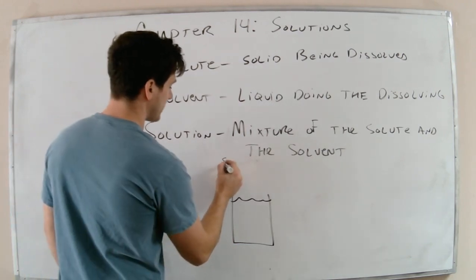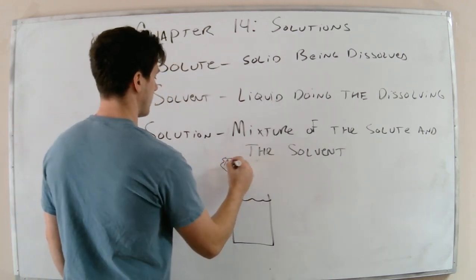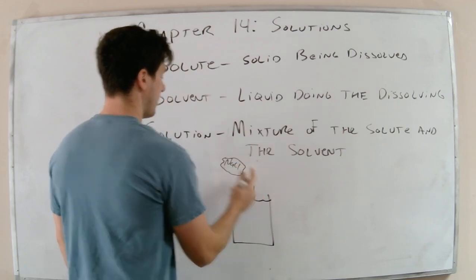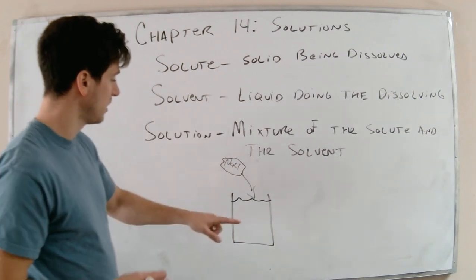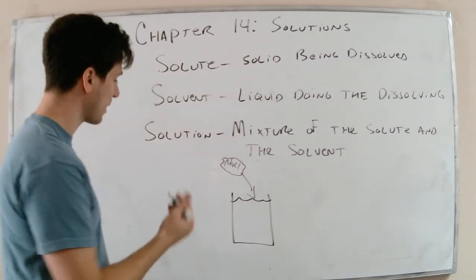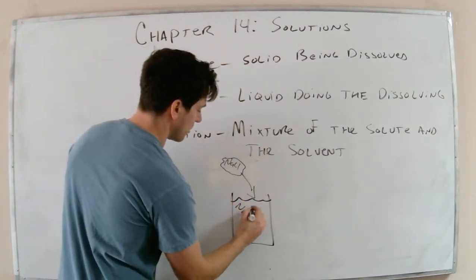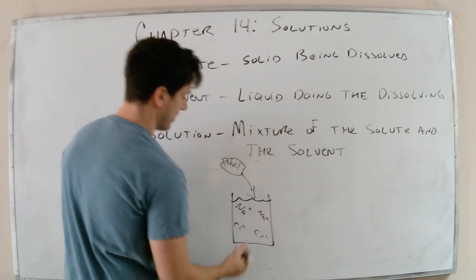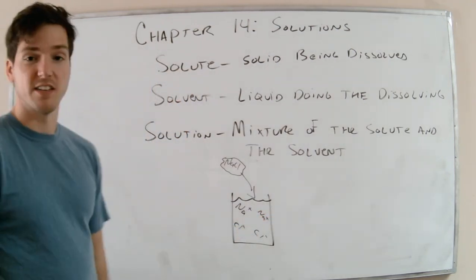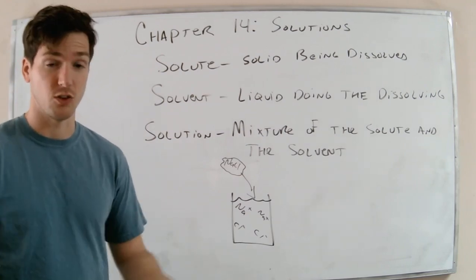But then I go ahead and take the solid NaCl, which is my solute. So the NaCl is the solute, the liquid is the solvent, and when I put it in the water, it dissolves and breaks up into these tiny ions, okay? And that is salt water, which is our solution.